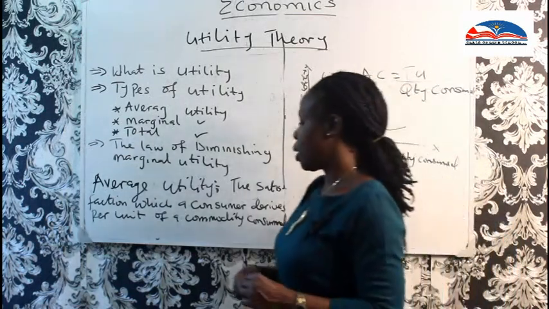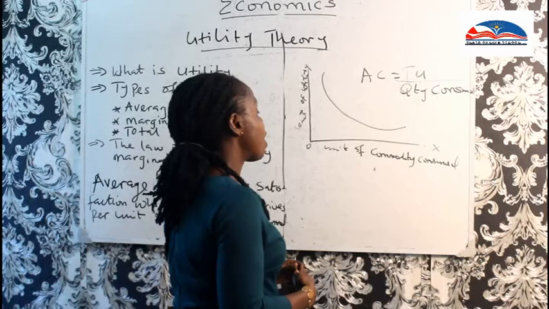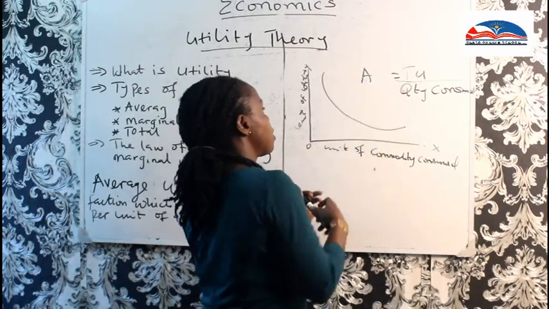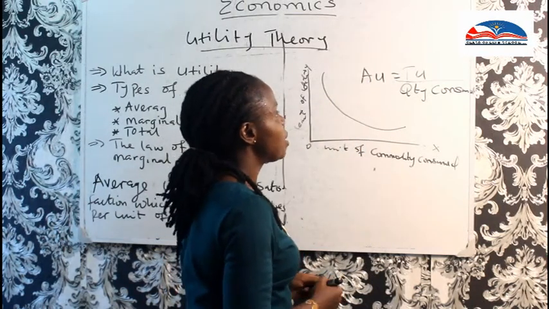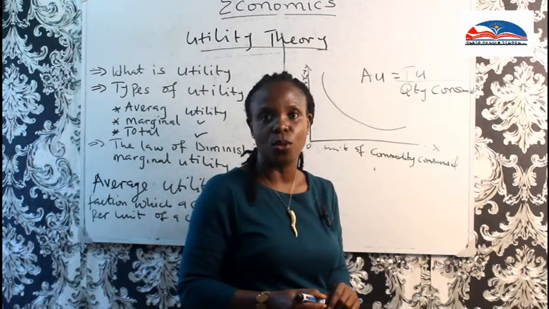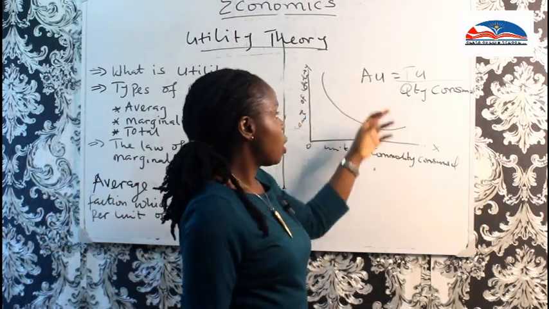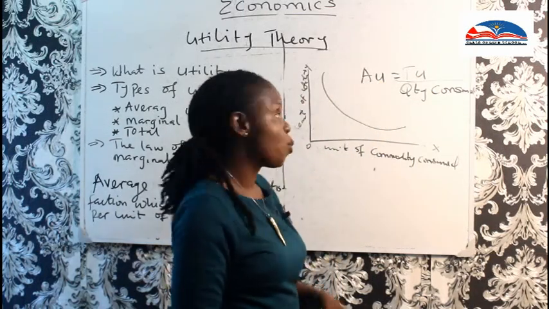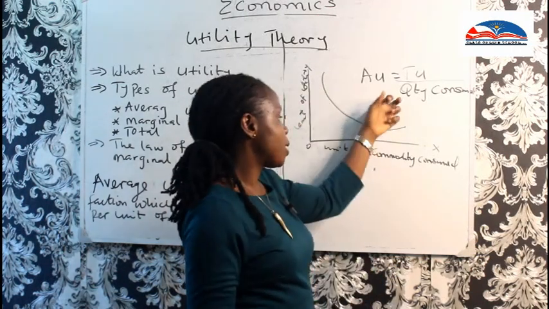So what is the formula? Don't worry, you are going to see how it's going to apply. The average utility formula is: average utility equals total utility divided by consumption. When you remember that average is division, you will not forget this formula.